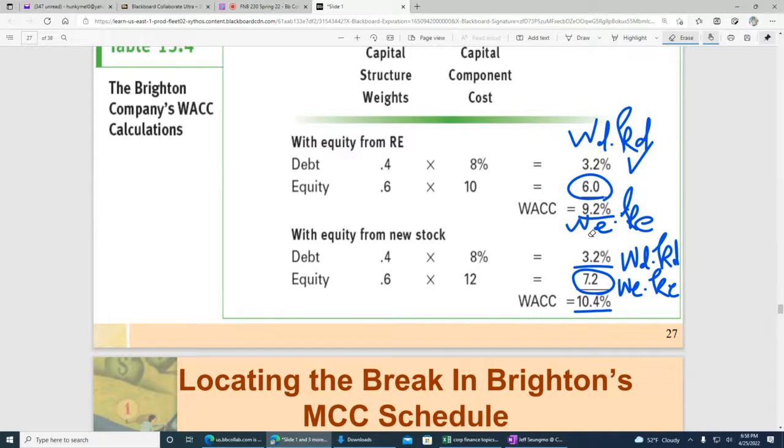So this is the weighted average cost of capital, and this 6% is the weight of equity times cost of equity, okay?